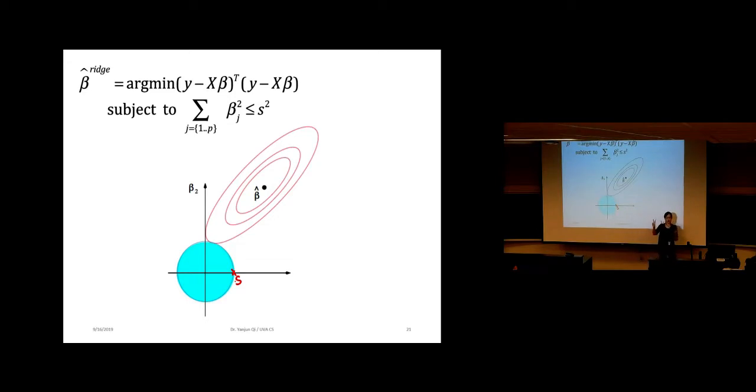Now I have two goals, right? I want to be as close as possible to the center of that oval-shaped contour map, but I need to satisfy the other criterion: the point has to be within this blue circle too.